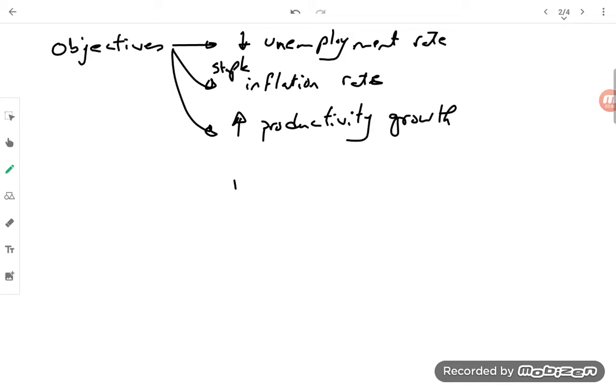So what are the basic consequences of each one of them? Or in other words, why are countries concerned with these three concepts? Number one, unemployment rate.